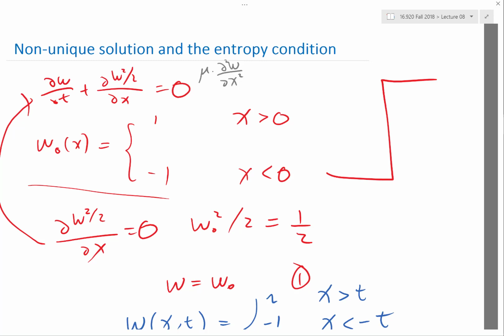So what is the viscous term doing? If you remember, we did Fourier series, right? With a Fourier series, the viscous term is going to dissipate the higher frequencies according to the frequency squared. So for smooth solutions, this term doesn't matter if mu is on the order of 10 to the minus 7. But if you have a discontinuity, the discontinuity contains all frequencies, even very high ones.